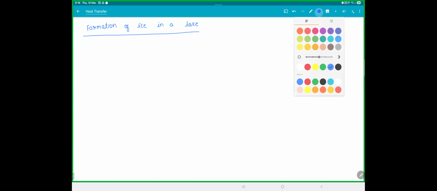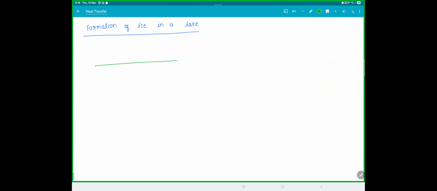When the ice starts forming, let's say the outside temperature is very low, -10, minus something. So let this thickness be x.